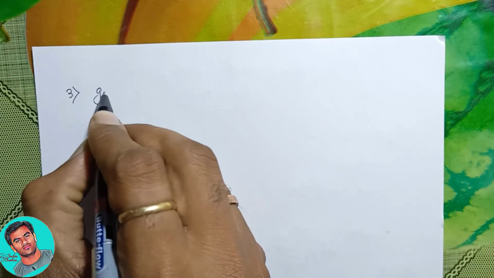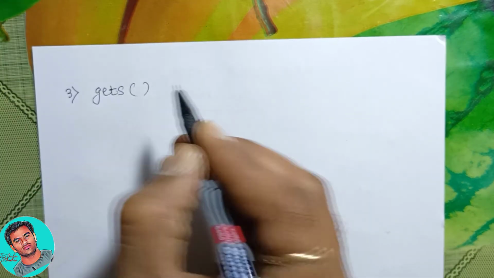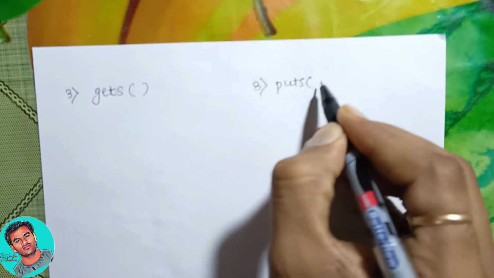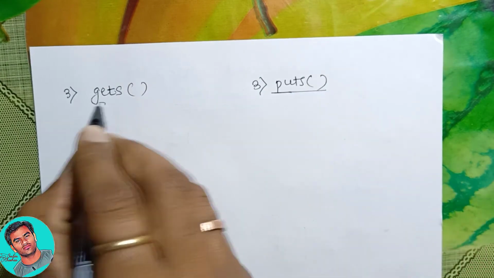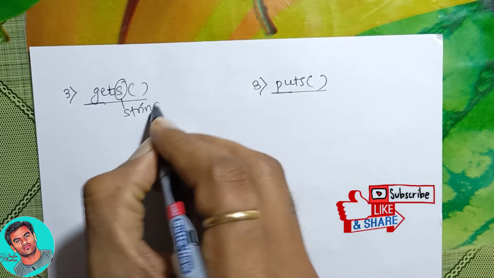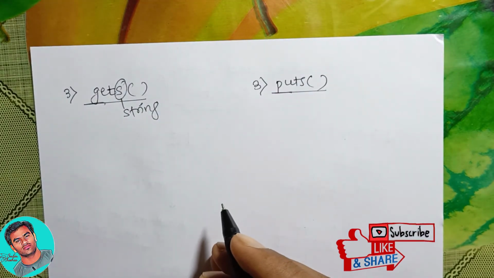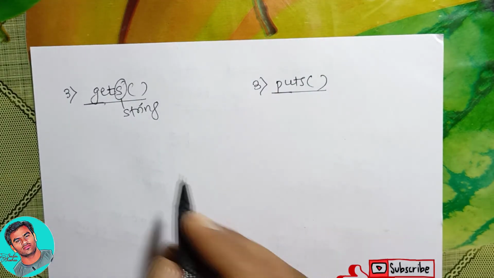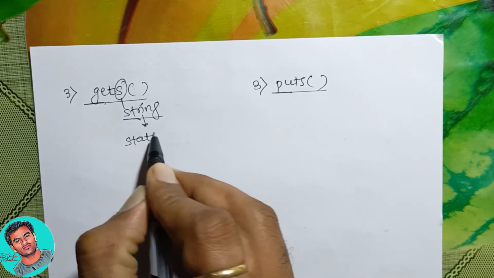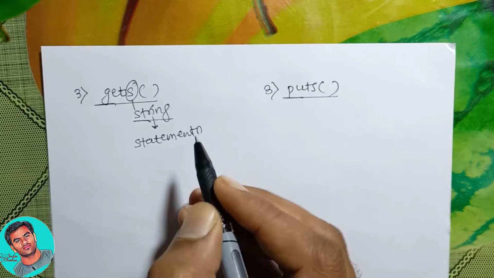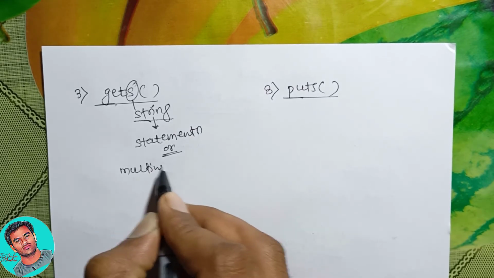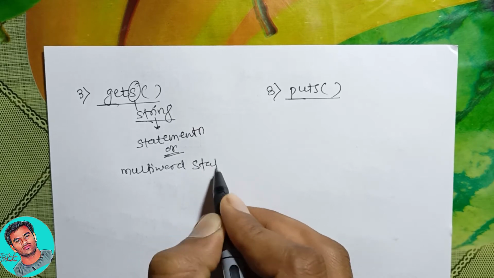Now the third one is the gets statement, and opposite to this there is the puts statement, where s represents a string. This string contains a statement, or we can say a multi-word statement.